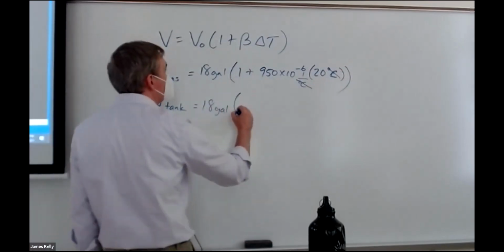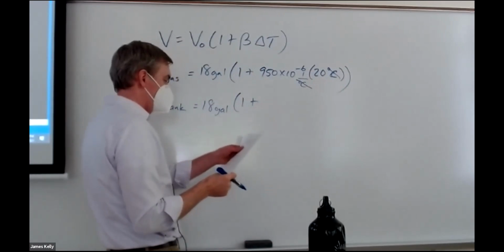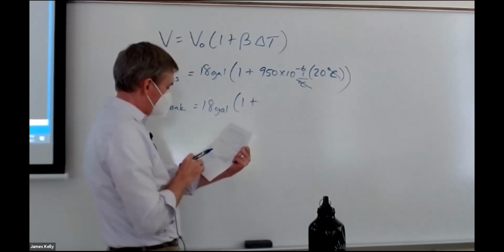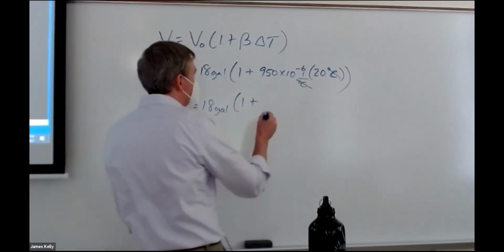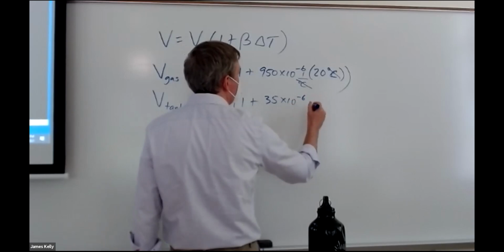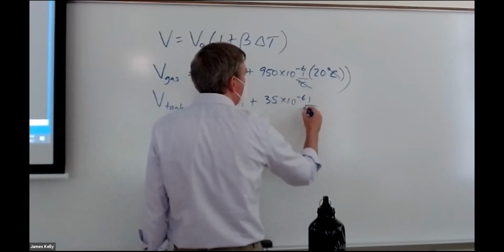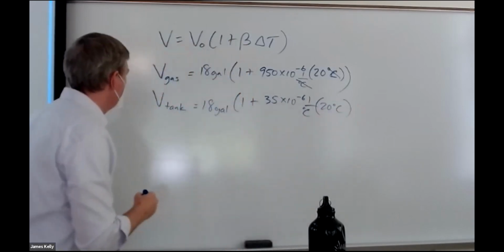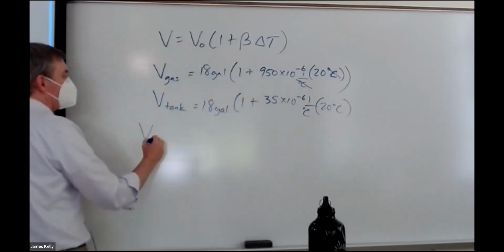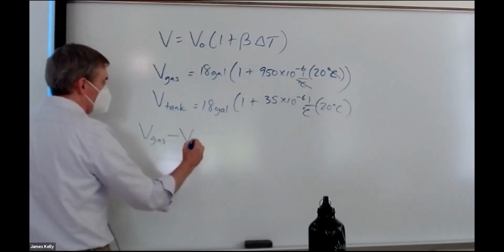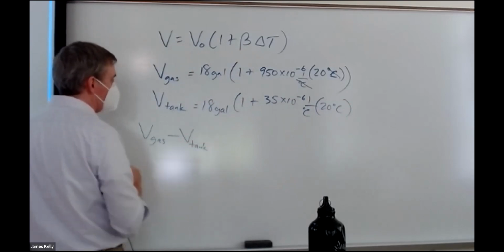Whereas for the tank, the volume coefficient of expansion of steel is beta equals, for iron or steel, 35 times 10 to the minus 6 1/degrees Celsius. Quite a bit less than gasoline, right? Times 20 degrees Celsius. And then all I do is calculate the bigger volume of the gas minus the smaller volume of the tank at the higher temperature.